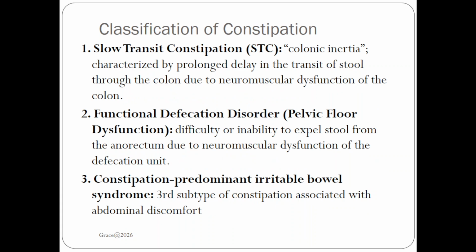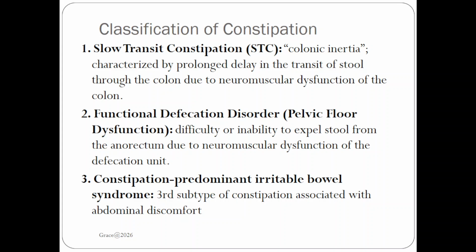So how do we classify constipation? Slow transit constipation is a chronic condition characterized by a prolonged delay in transit of stool through the colon due to neuromuscular dysfunction of the colon.